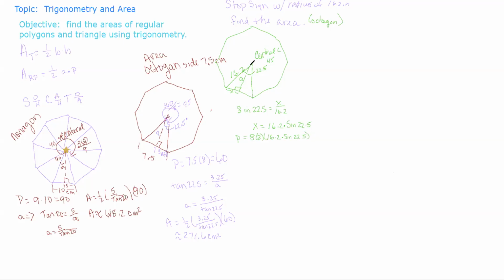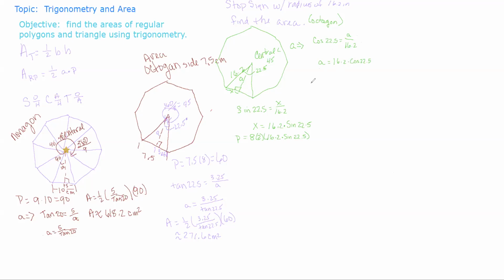Then I need to find my apothem. I'm going to need the adjacent side and the hypotenuse. That's a cosine. So to find the apothem, I'm going to say the cosine of 22.5 is equal to the apothem over the hypotenuse, which is 16.2. And when I multiply across, I'm going to get that A equals 16.2 times the cosine of 22.5.